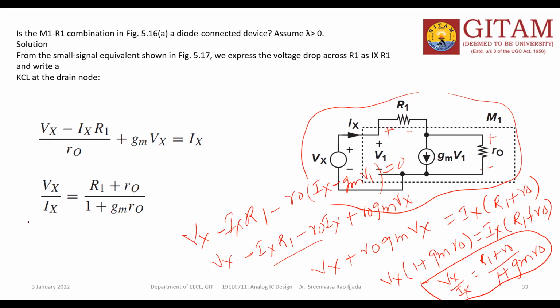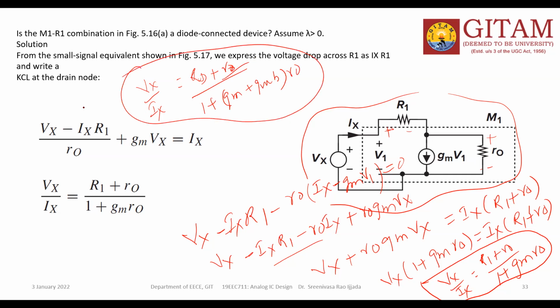In the common gate, the impedance we already derived. Once again, I am recollecting that: Vx by Ix is equal to RD, the drain resistance, plus the transfer resistance R0, divided by 1 plus Gm plus GMB into R. This is the equation there.